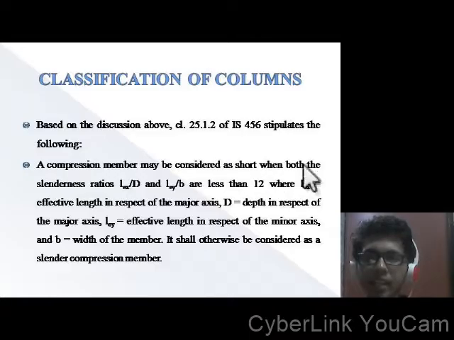As said, Lex is the effective length with respect to the major axis, and Ley is the effective length with respect to the minor axis, and D is the depth with respect to the major axis. B is the width of the member. If any one of these ratios is greater than 12, then we can conclude it is a long column.